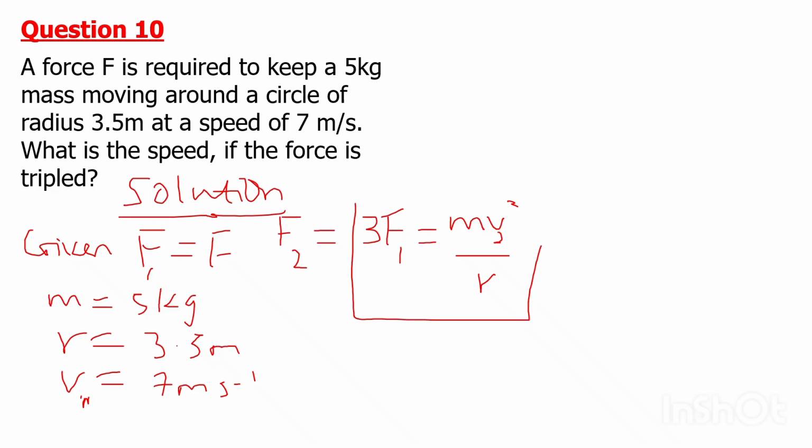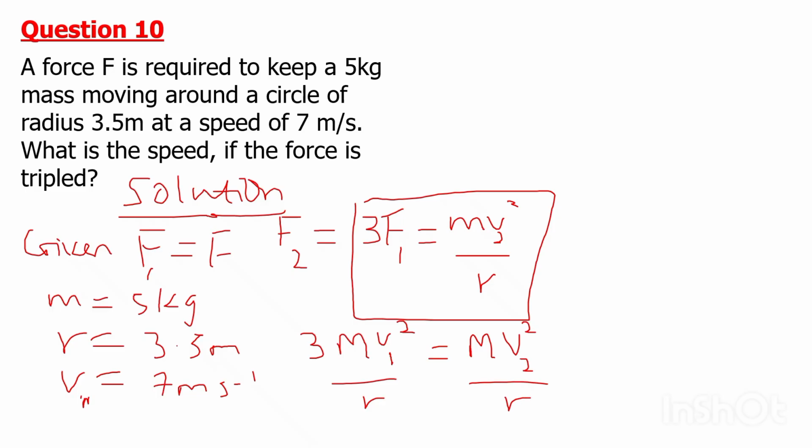We have 3 times F1, which will have the mass, the first velocity squared all over the radius. Then the second body still has the same mass, V2 that we are looking for squared all over R. So if we go ahead and solve, the radius and the radius are equal, they will cancel. The mass and the mass will cancel.